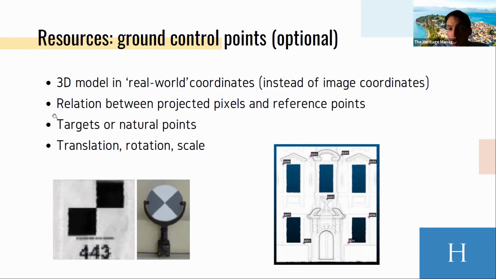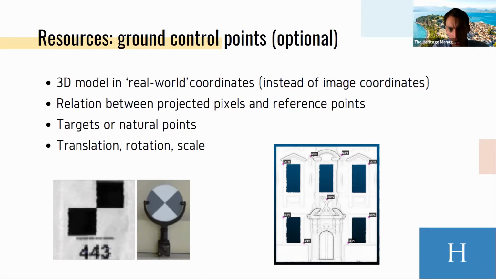In one way, we can use targets, so black and white targets. If you follow the presentations of next week about laser scanning, we will definitely use these targets because the center of these targets are quite easy to measure using a total station or GPS.